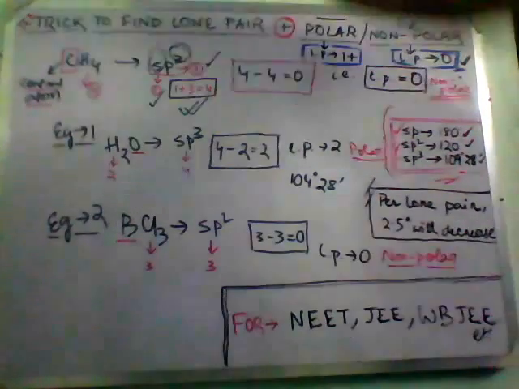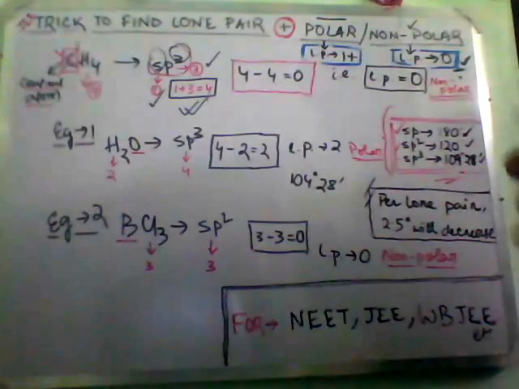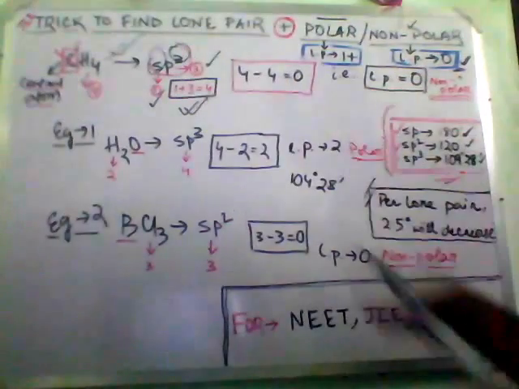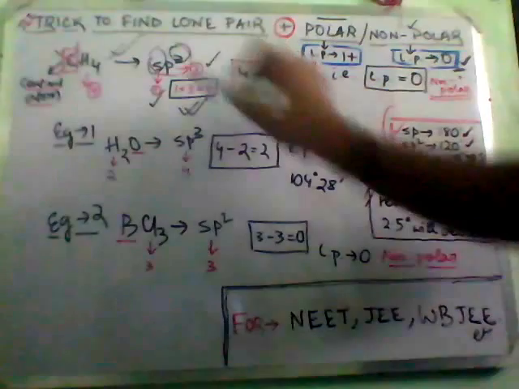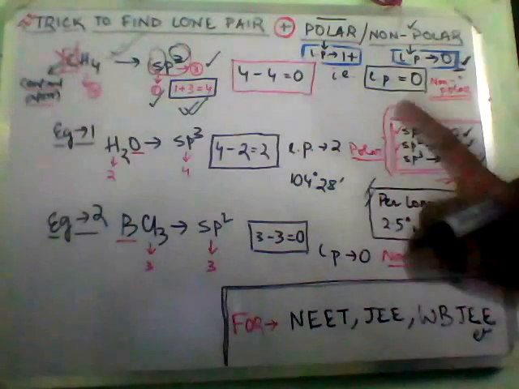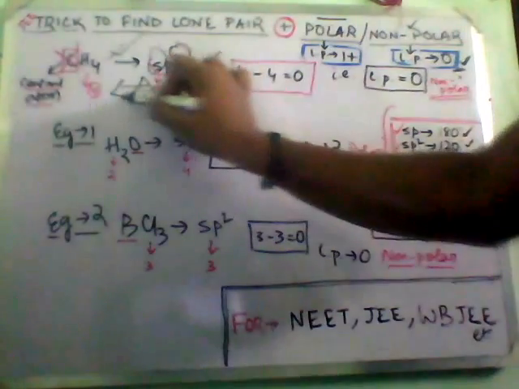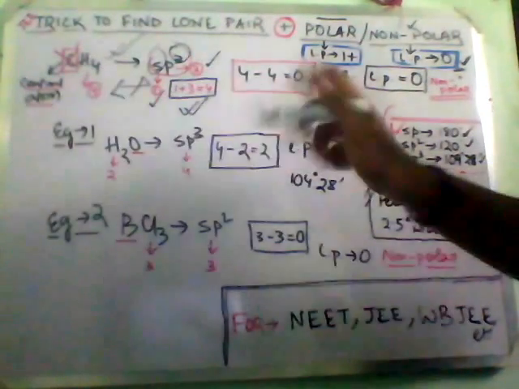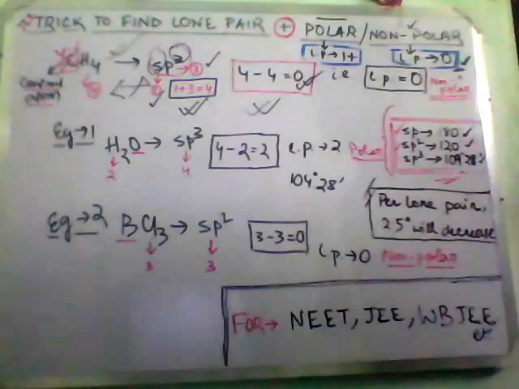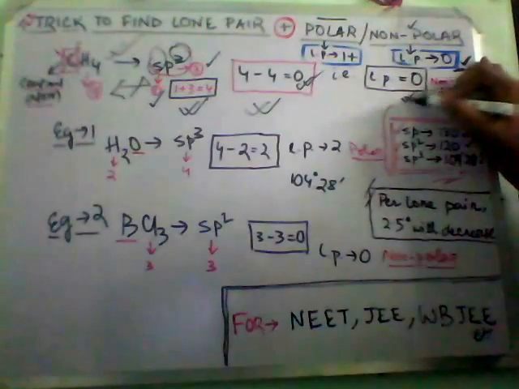Here the central atom is carbon. We are deducting this one, and what do you have to take? Hydrogen, the left one. How many atoms of hydrogen? 4. And how much is the total? s plus p3, 1 s and 3 p's, means it's making 4. Mind these two, 4 and 4, we are just subtracting. How much are we getting? It's 0. And I've told you before, 0 means it's a non-polar compound.